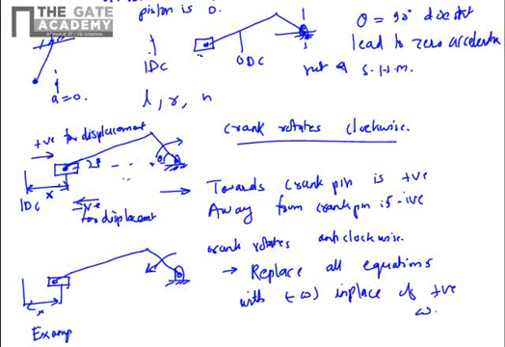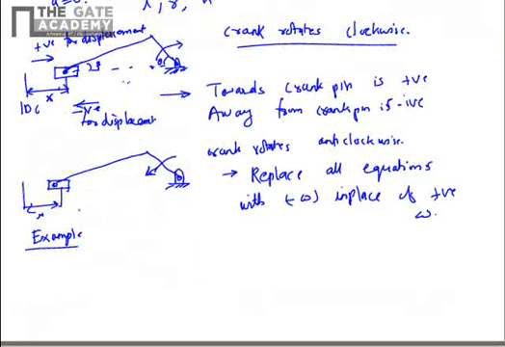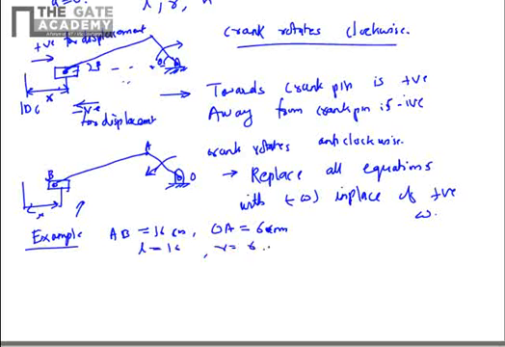one more example. So a question is asked with this figure. This is A, this is O, this is B. Length of AB is given as 16 centimeter. OA is given 6 centimeter, that is radius of the crank. So L is 16, R is 6, and the theta is given as 45 degree.